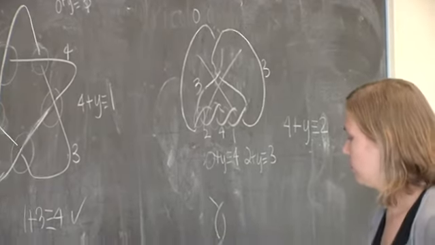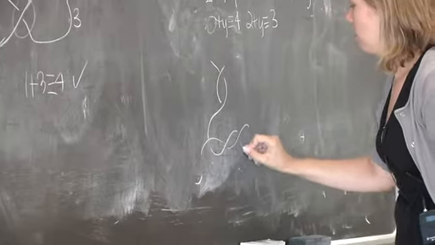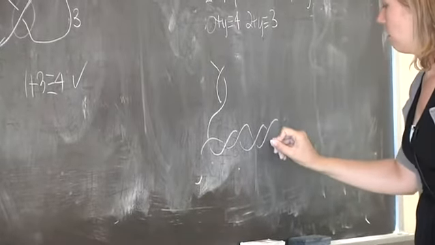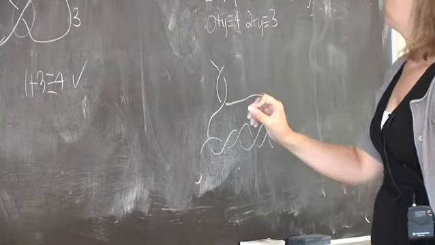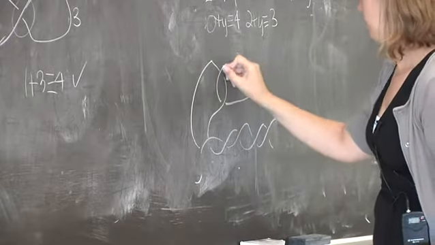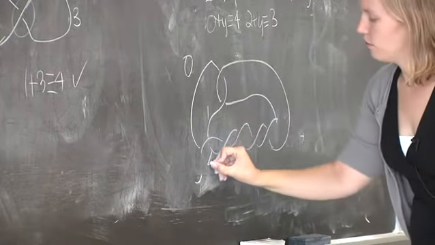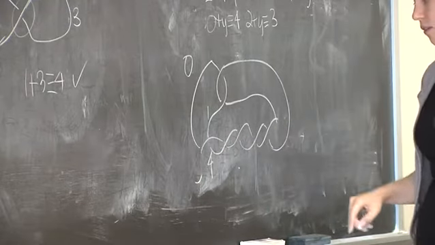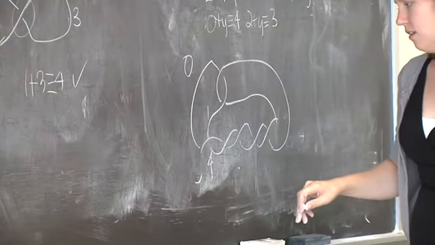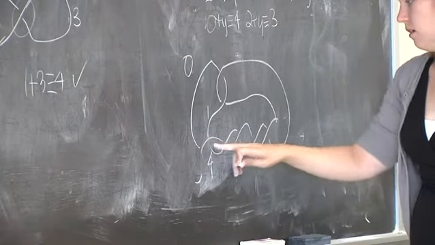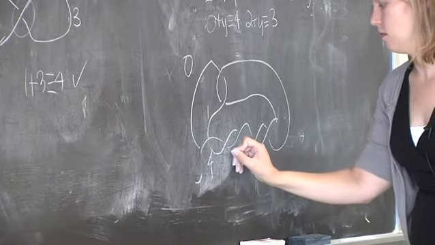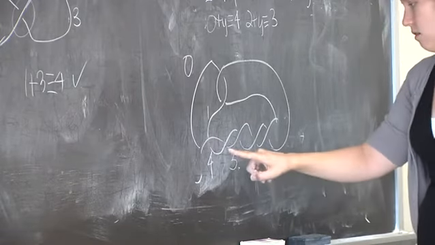If I can draw this knot again. It's not as pretty this time. Okay, so I chose 0, and now I'm going to choose 1 and 4. I can go through all this again. So this has to be 0, that one has to be a 3.